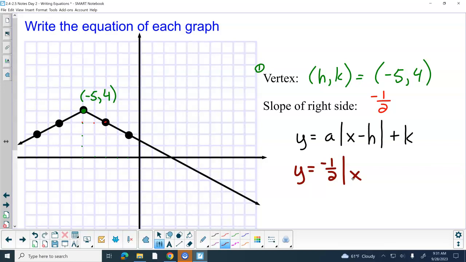Do we agree with +5? Because yesterday we said, think oppositely. So it's negative in our point, which means it's going to be positive in our equation. And then the K is just +4.